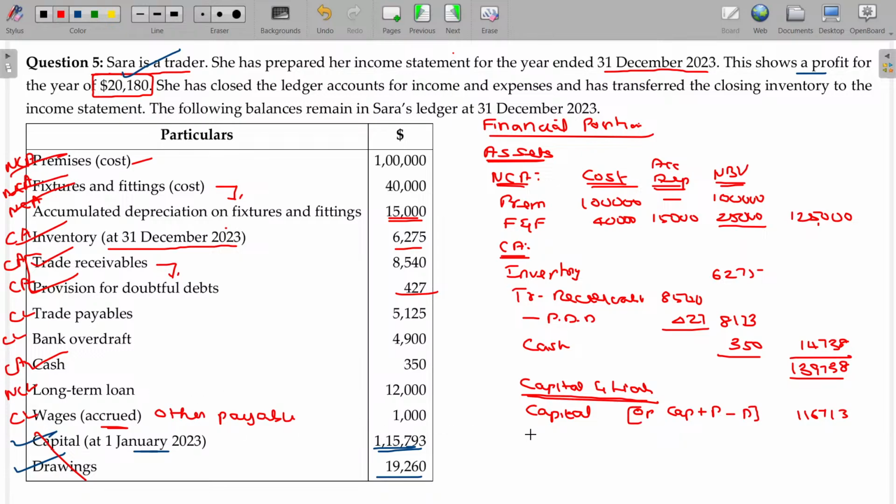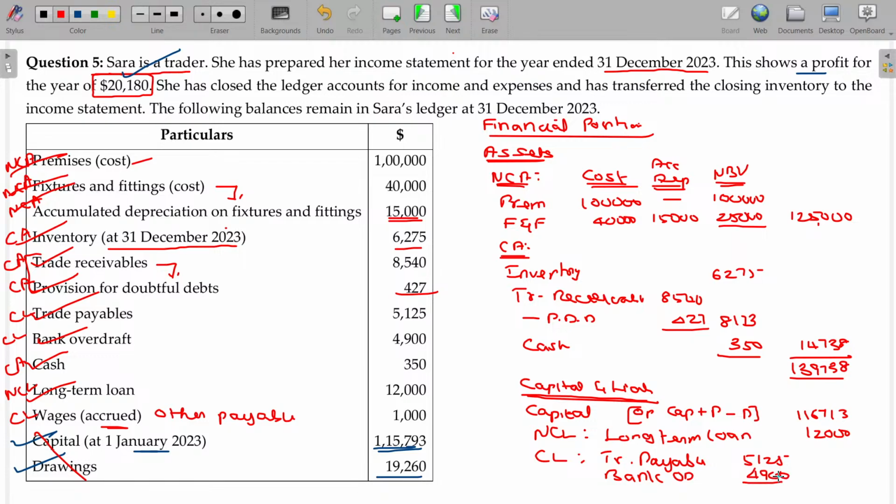Capital is over. Non-current liabilities, yes, of course we have the non-current liabilities. I put the tick mark for that. So non-current liabilities: long-term loan. This value being 12,000. Apart from that, we have current liabilities, trade payables and bank overdraft. So current liabilities. Under that, trade payables 5,125 and bank overdraft 4,900.